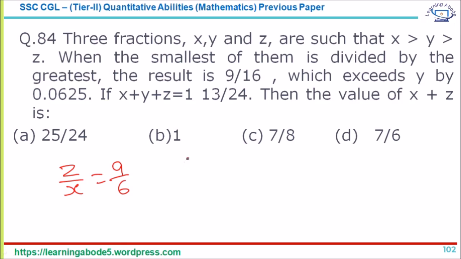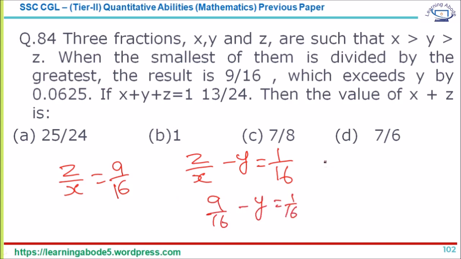So which means you can write z by x minus y is equal to 1 by 16. Okay, now 0.0625 is 1 by 16. So 9 by 16 minus y is equal to 1 by 16. So you get y is equal to 1 by 2.